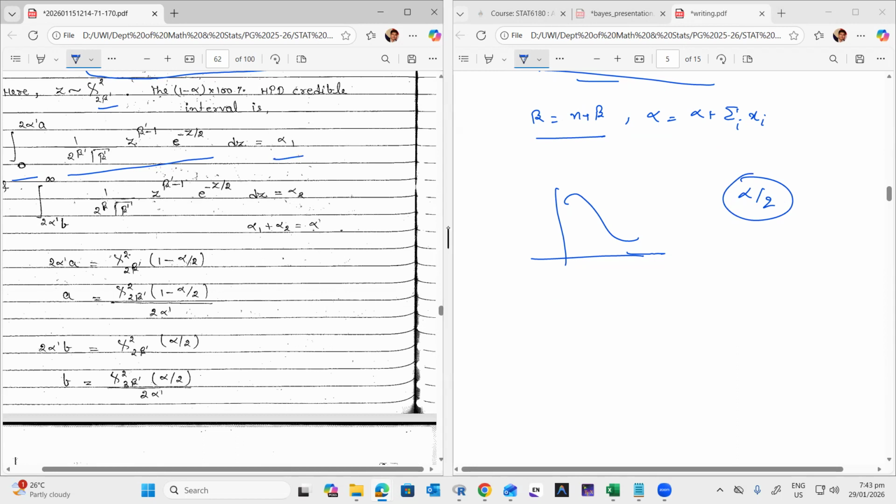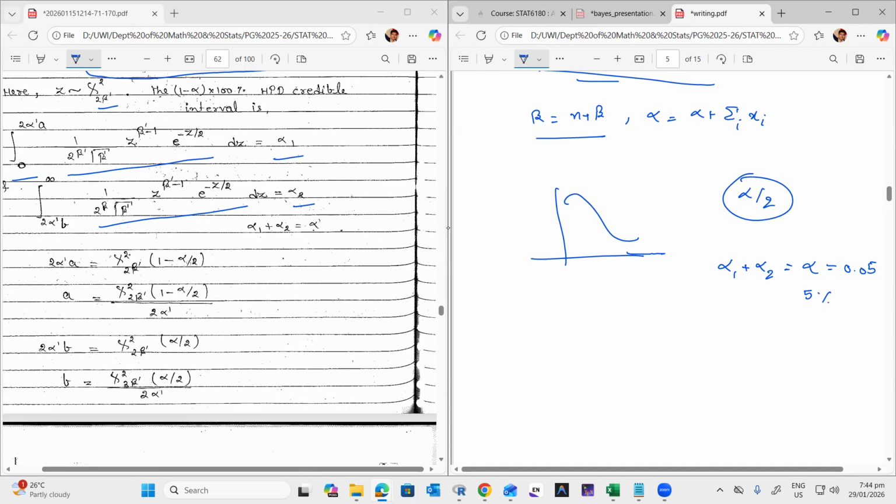And the integral from 2 alpha dash b to infinity, we are going to do the integral of this density function and keep it equal to alpha 2. And alpha 1 and alpha 2 should add up to alpha, that is your 0.05, or you can say 5%, right?